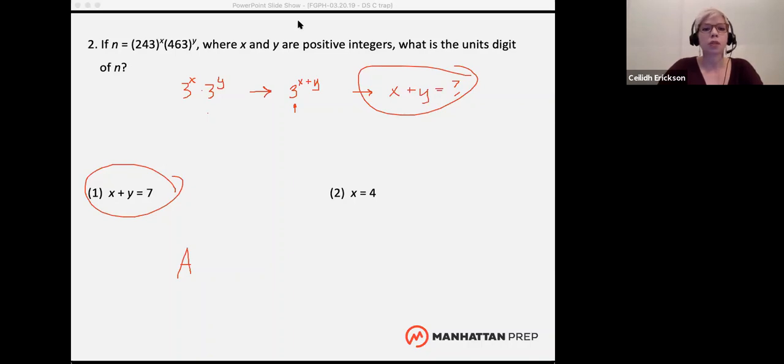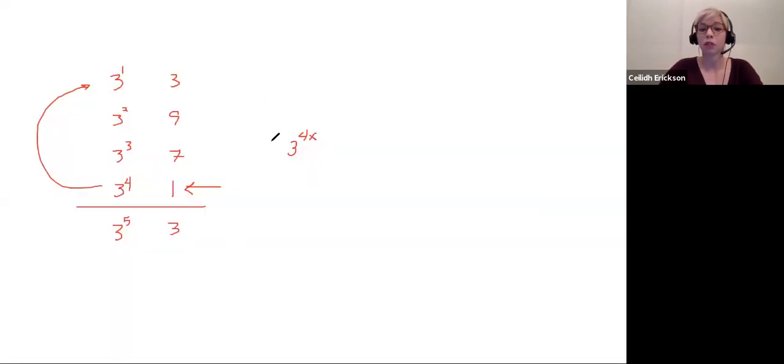Someone asked me to explain the thing I was talking about with the 3 to the 4x. What I was saying there is, 3 to the 4 is 1, 3 to the 5 is 3.